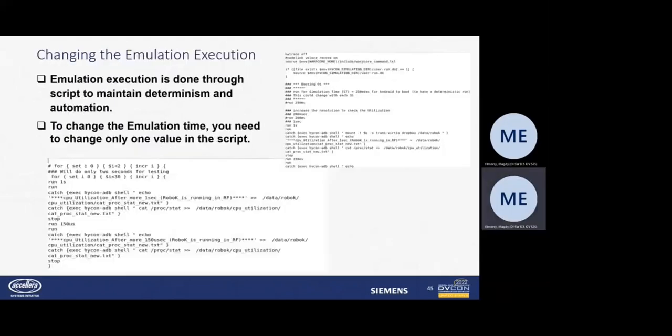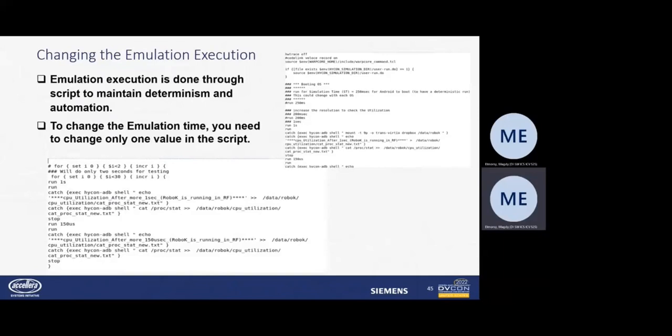Last but not least, here I am showing some parts of the Tcl scripts we create in order to automate the flow. This one on the right is for the power, and the one on the left is about the CPU utilization.